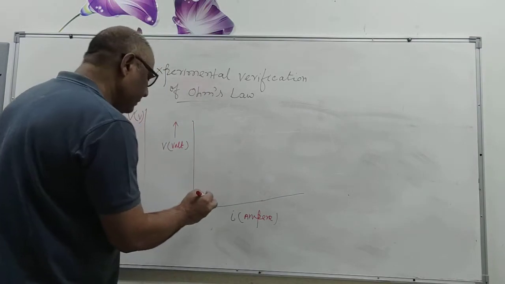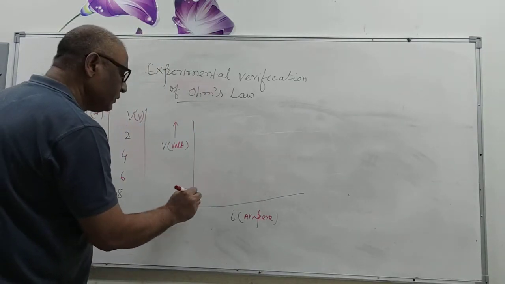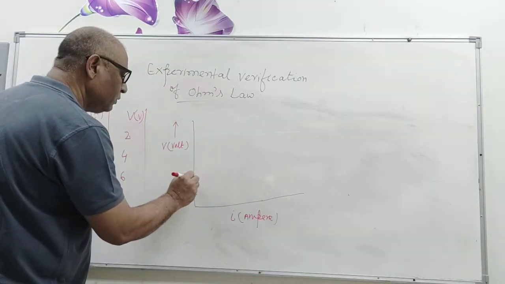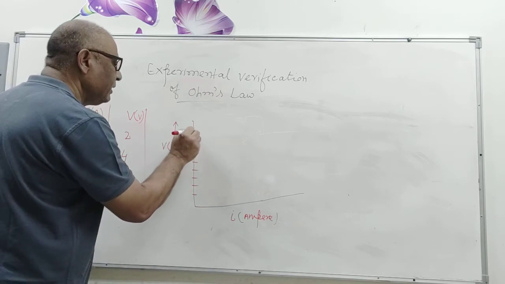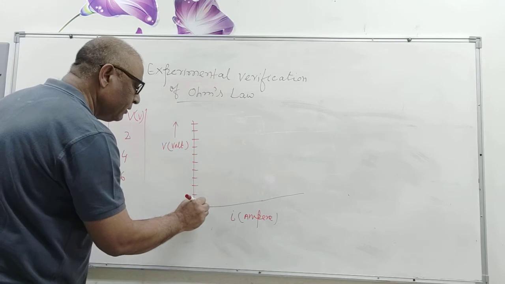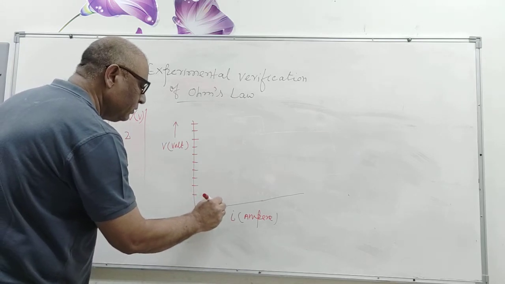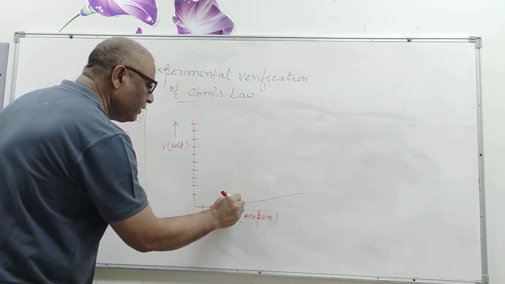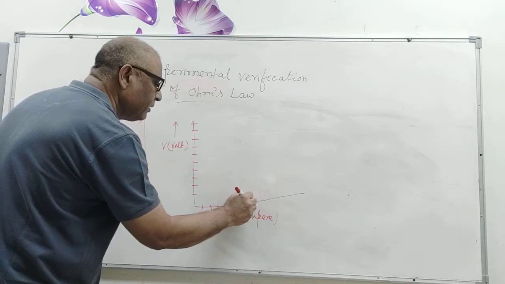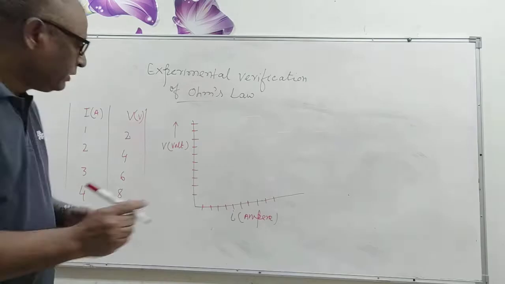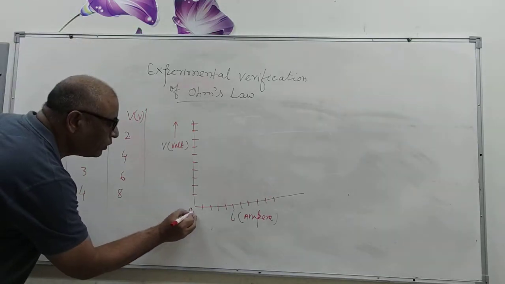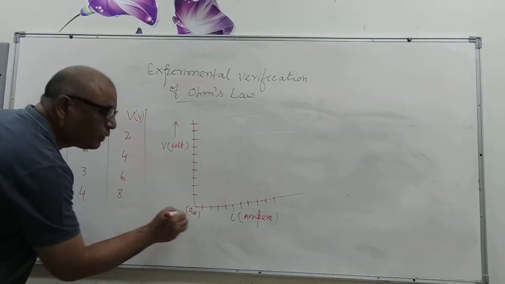Just some points here. 1, 2, 3, 4, 5, 6, 7, 8, 9, 10. Here I want 2, 3, 4, 5, 6, 7, 8, 9, 10. Now this point is 0, 0: 0 volt and 0 potential.